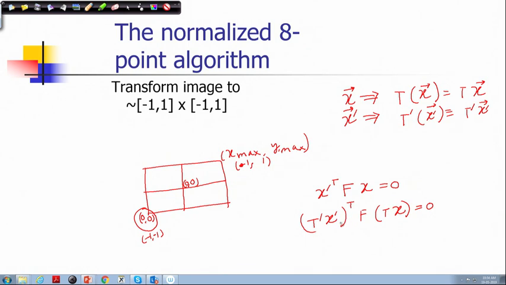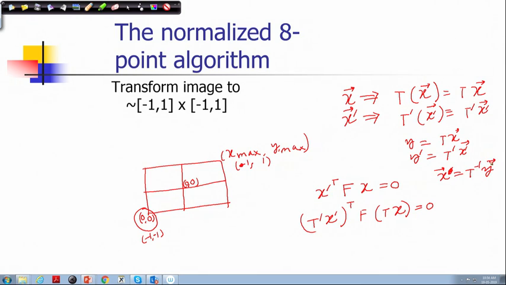What I will do is rather write the transformed points. If the transformed point is y, I will have y equals T x and y prime equals T prime x prime. So, x equals T inverse y.